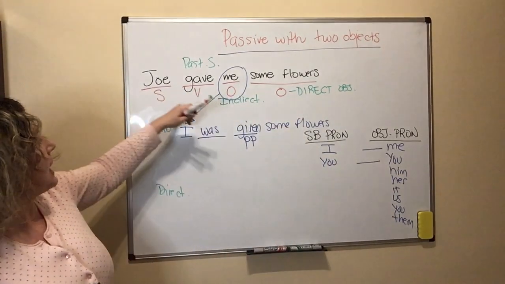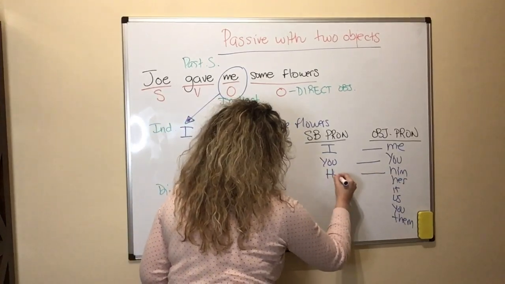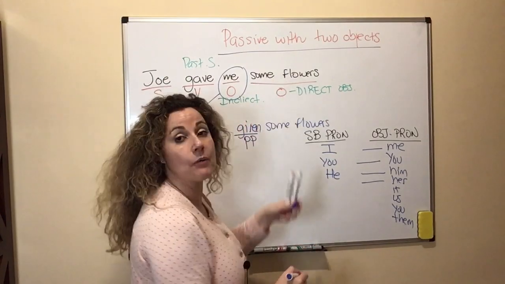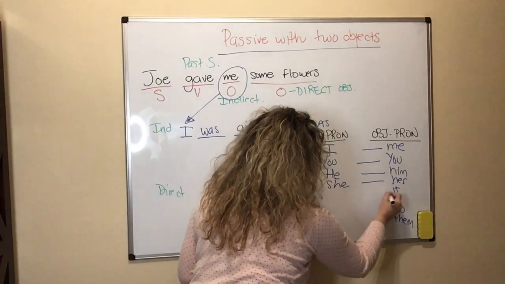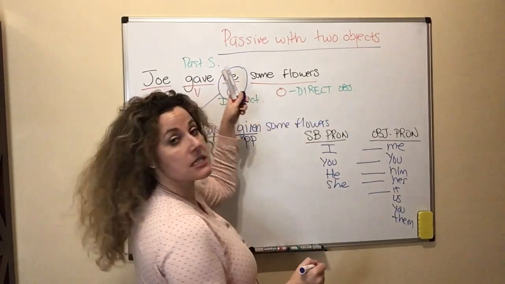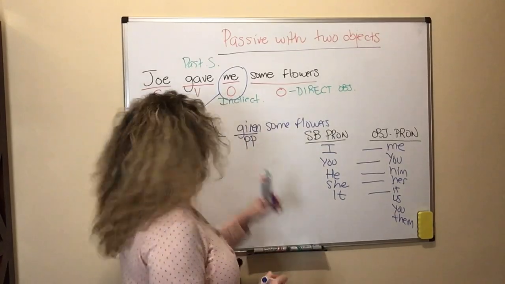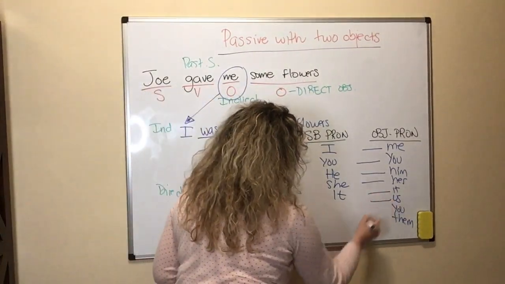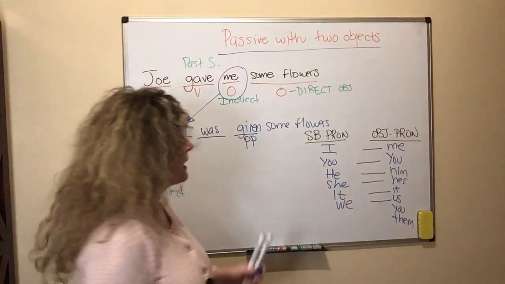Imagine Joe gave him some flowers. Him would be he. John gave her some flowers. That would be she was given some flowers. John gave it some flowers. It wouldn't change, it's it. Joe gave us some flowers. Us would be we. We were given flowers.